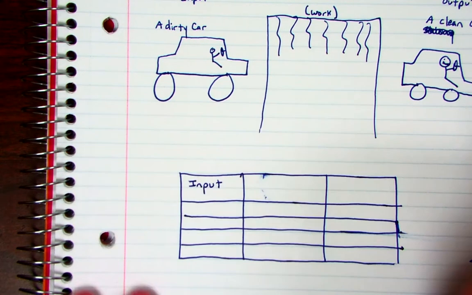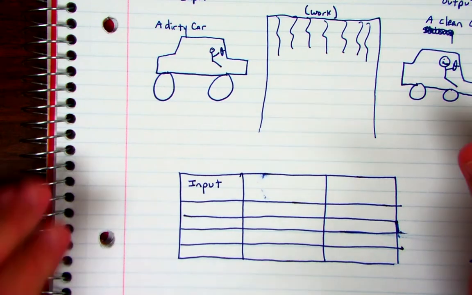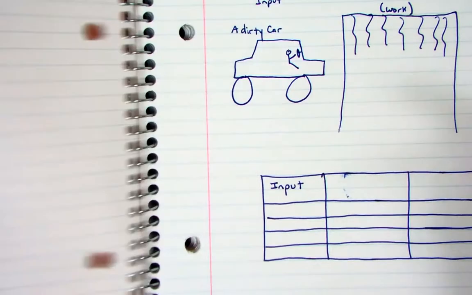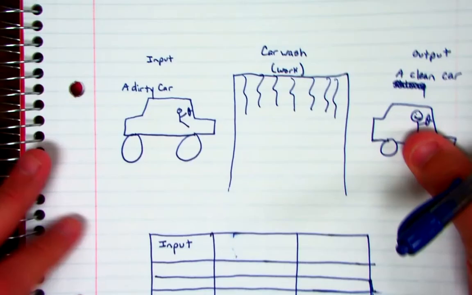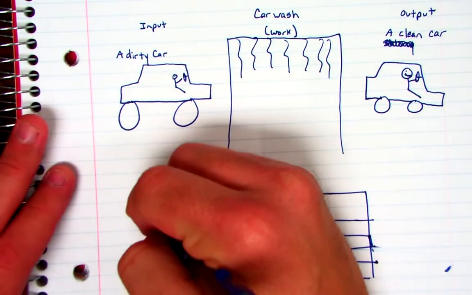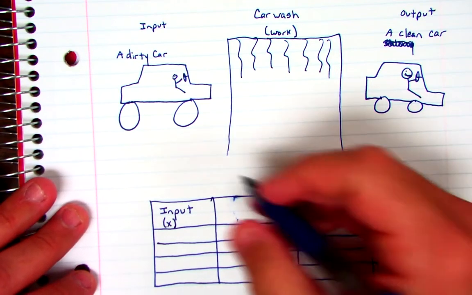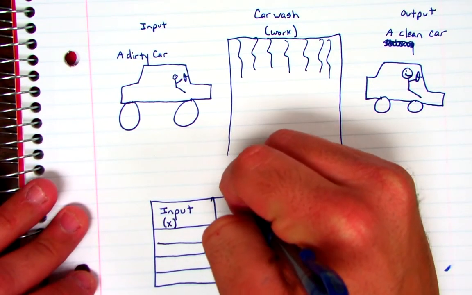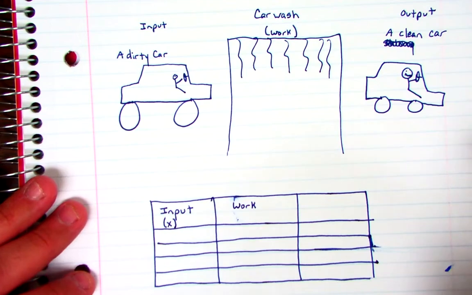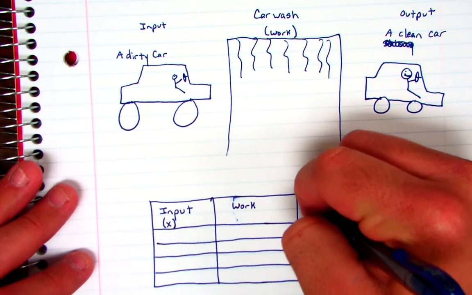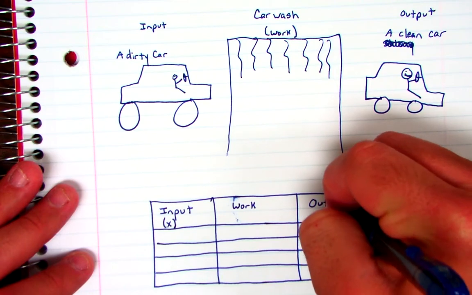Go back to your notes if needed. Well, let's see. Input would be my X value. So your input is your X. Here's where you're going to have your work. On your work, it's going to give you an equation, so I'll give you an equation here in a minute. Let's talk about this side. This would be known as our output. Our output is our y value.